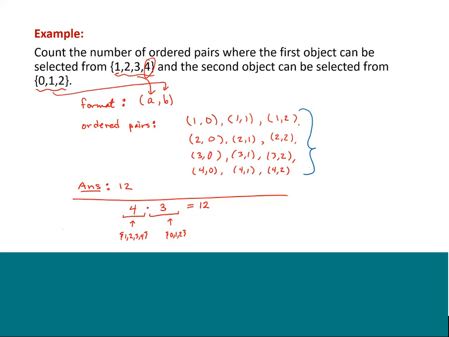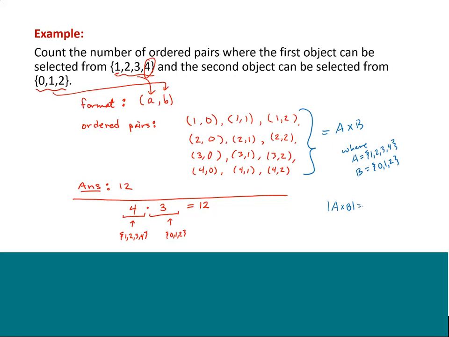So this is actually called a cross product or a Cartesian product. Now this is A cross B, where A equals that first set, 1 through 4, and B equaled the second set, 0, 1, and 2. Now, did anybody remember the cardinality of a cross product? That was one of those activities we did in class a long time back.